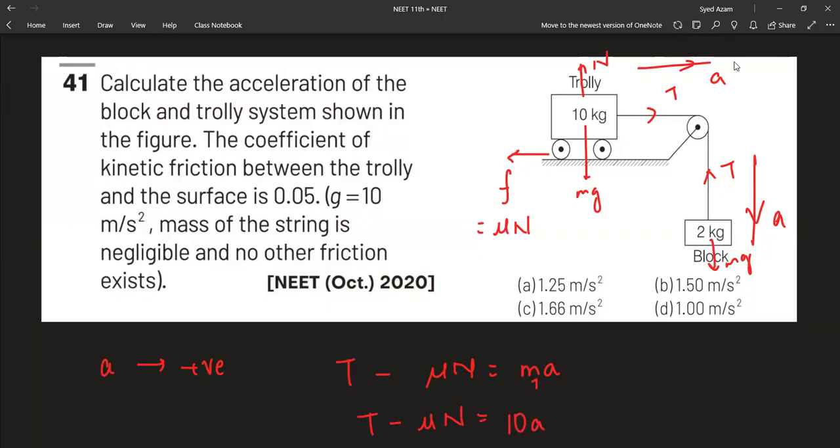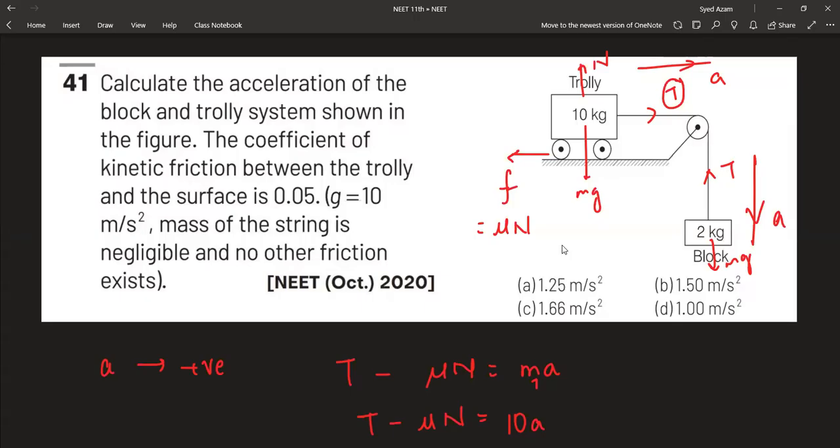This side is positive, because wherever acceleration is directed, that side becomes positive. So acceleration is acting towards the right, and all the forces acting towards the right will be positive, like this tension. Friction force is in the opposite direction to acceleration, so this will be negative. That's why I've taken this as minus mu N.